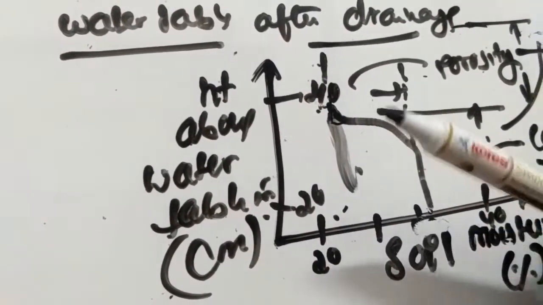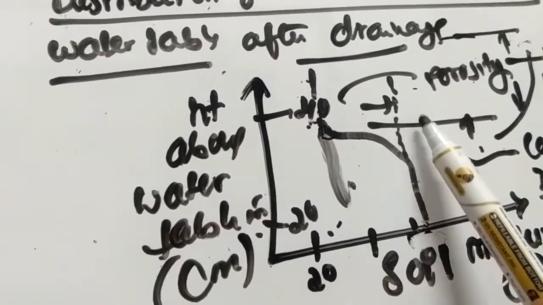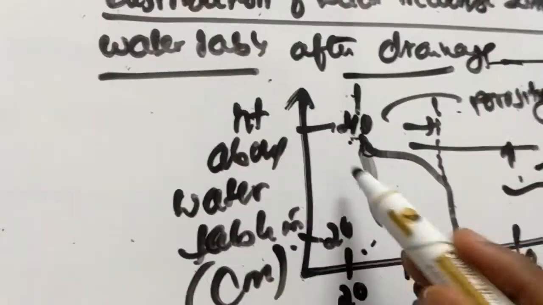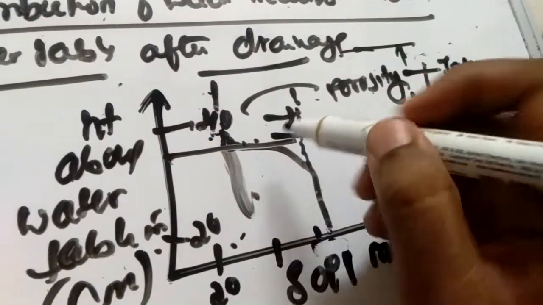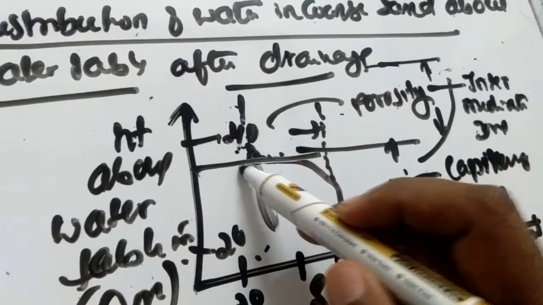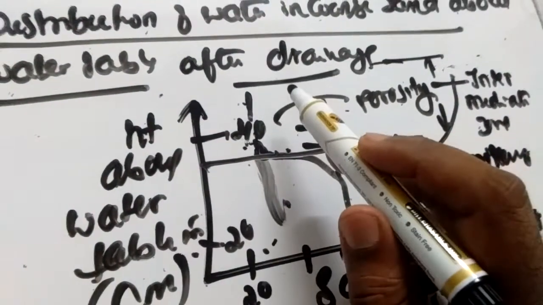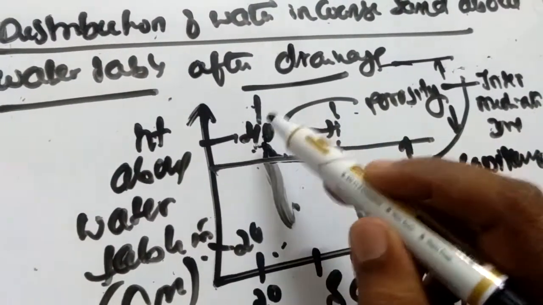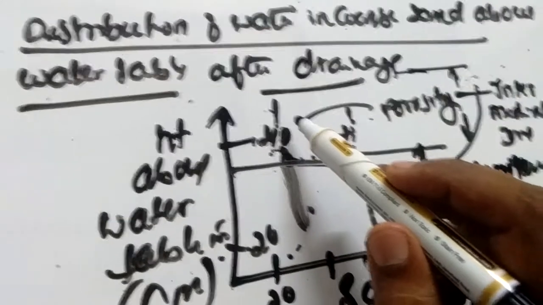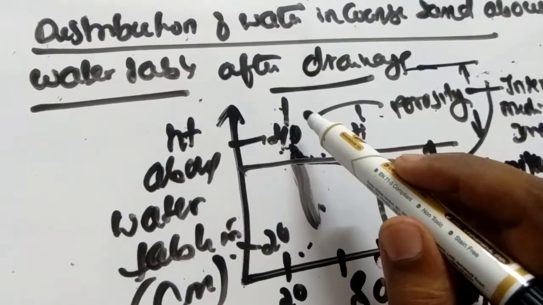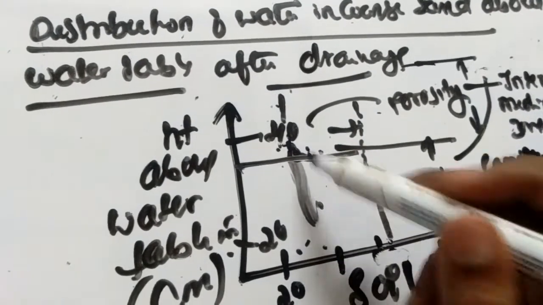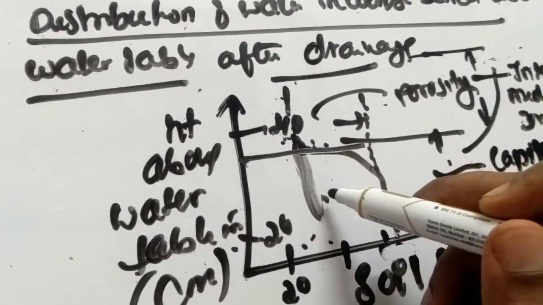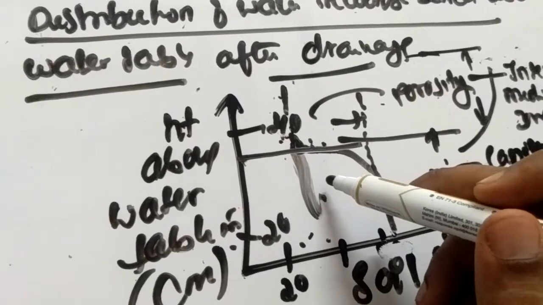Therefore, in the intermediate zone, water is entirely held by hygroscopic action, and this is the capillary zone, where water is held by capillary action.